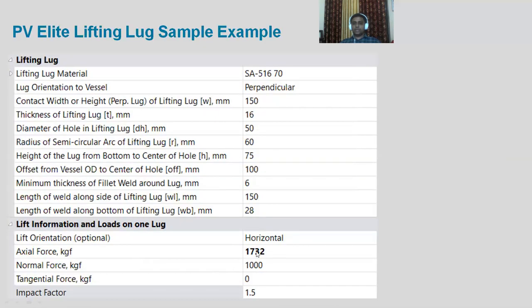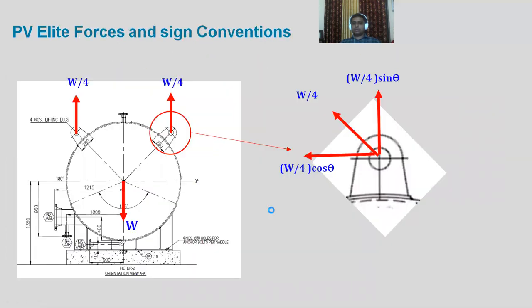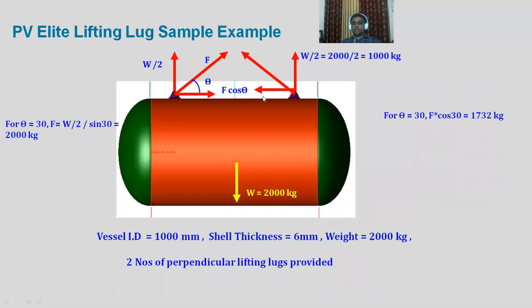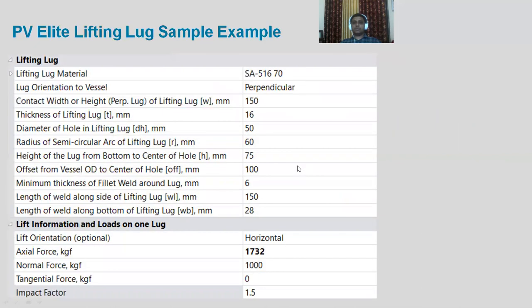So you can see over here 1732, and the normal force was 1000, and there was no force along the tangential direction. Which means we are going to lift it in this direction, so there will be no force pulling it across the thickness, right? The lifting will happen in only this plane. There will be no force in another plane. That's the reason why we have considered the tangential force over here as 0.